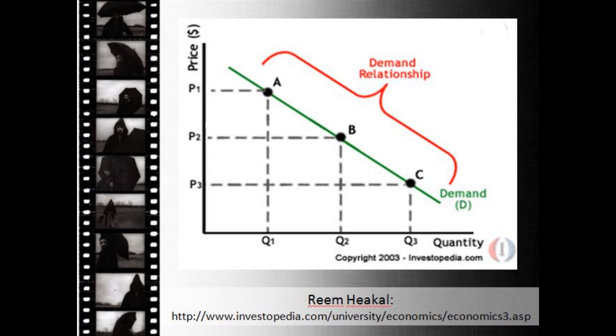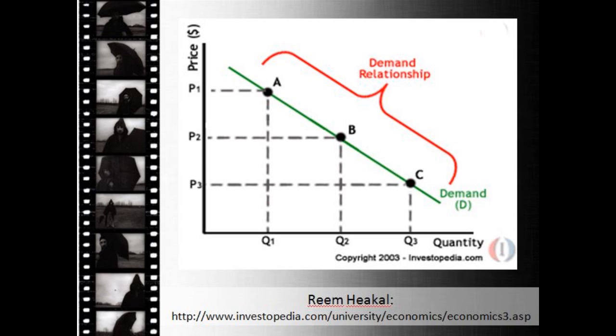The demand relationship curve illustrates the negative relationship between price and quantity demanded. As you can see in the curve, the left side bar is the price of the product, and the lower bar is the quantity of the product.